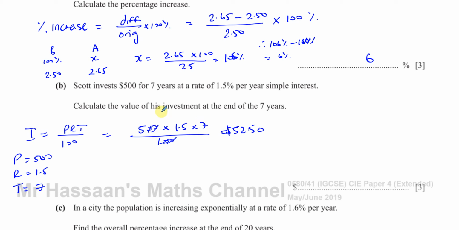So the value of his investment is now the original amount plus 52.50, which is $552.50. So be careful that the simple interest formula tells us just the extra in the account, it doesn't tell us the value of the new investment.